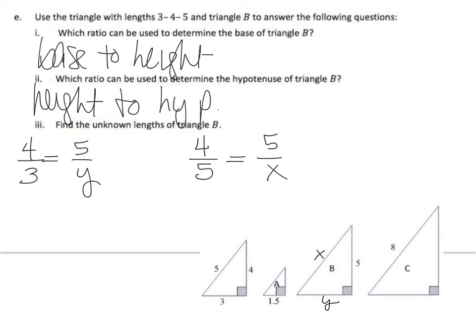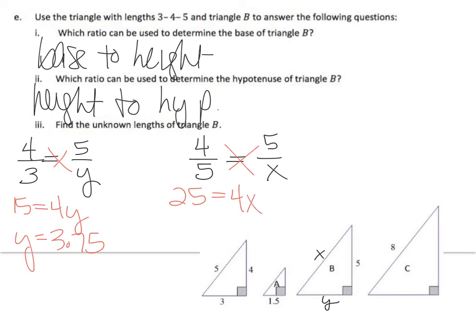Go ahead and cross multiply. 15 equals 4y. 3.75. And then cross multiply. 25 equals 4x. 6.25.